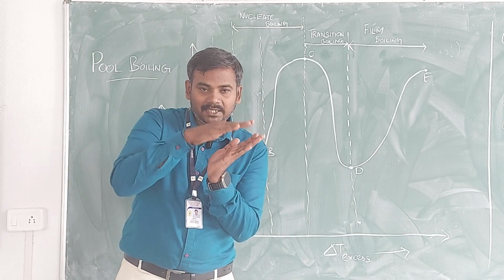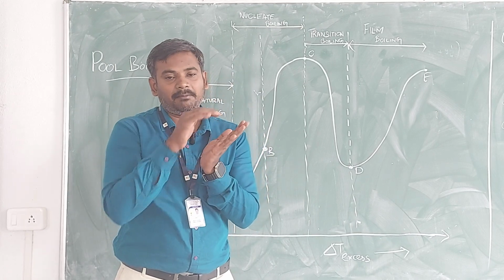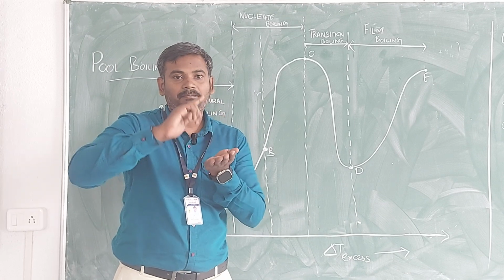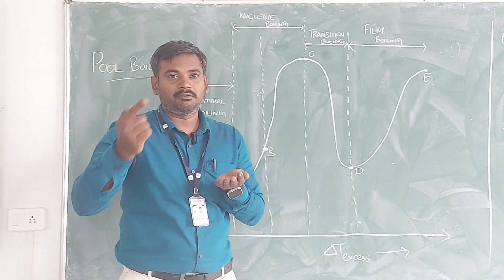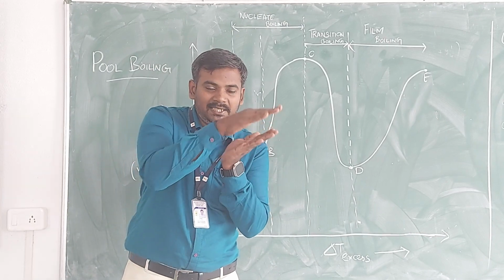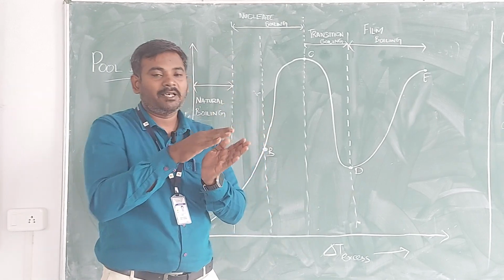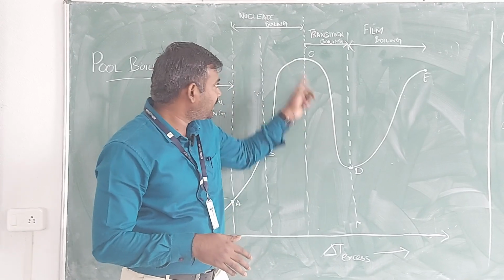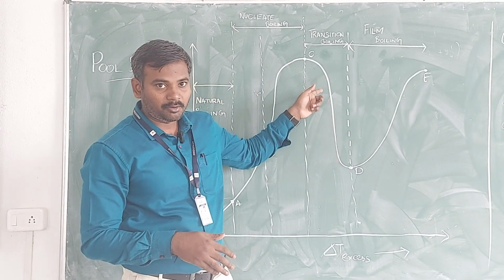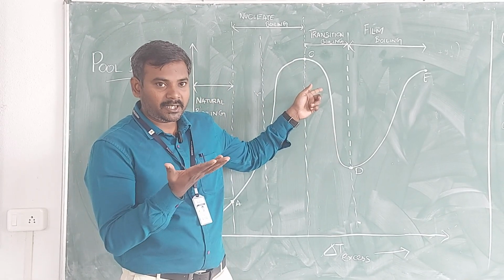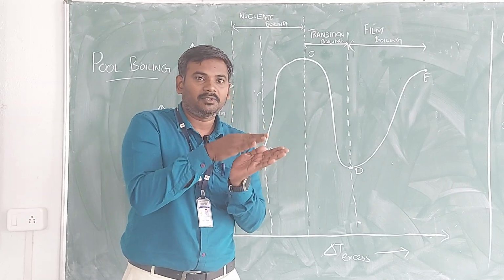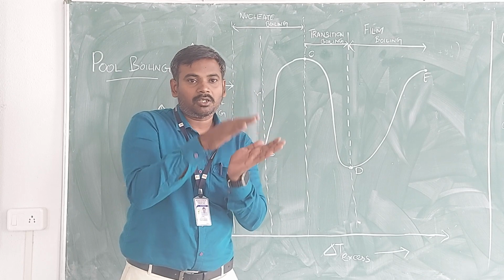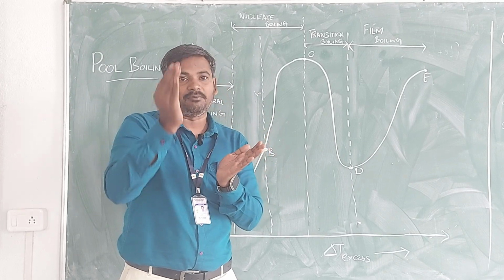Due to this layer, the heat coming from the surface will not be carried upwards to the water molecules, because a thin layer is formed. That's why the graph reduces as C and D. When we give 180 degrees Celsius, a thin layer forms which will not allow the heat to come upwards.